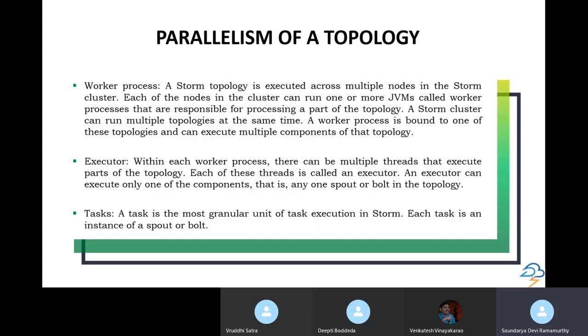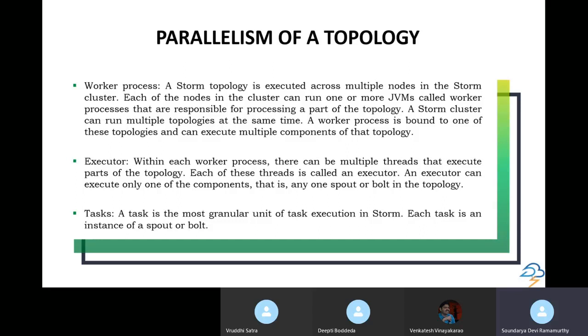One more thing, in a topology, when we have a bolt or a spout, the work of that spout can be done by two or more executors, but an executor cannot do the work of two bolts. If we have two bolts, one that splits the sentence and one that counts the words, that cannot be done by a single executor. But if you take the bolt of splitting a sentence into words, that can be done by two executors.